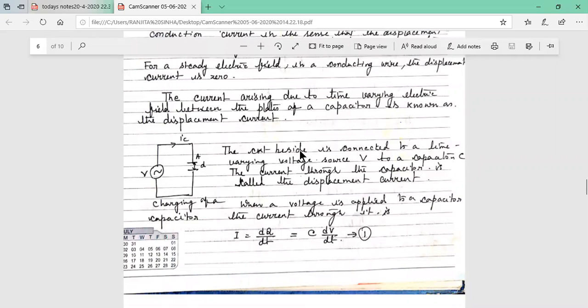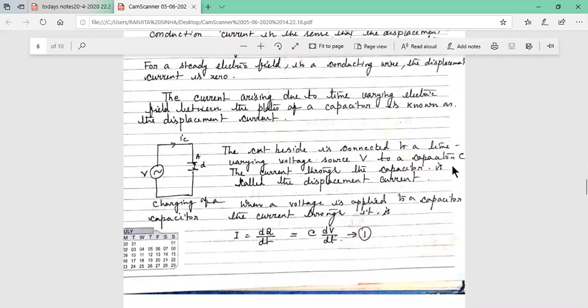Now the circuit is connected to a time varying voltage source V. You can see here there is a time varying voltage source, and this voltage source is connected to a capacitor C. So this is the charging of a capacitor.